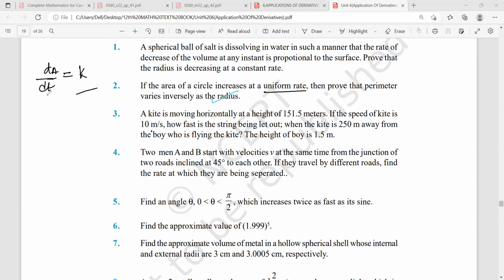Then k is equal to d by dt of pi r square, so 2 pi r into dr by dt. So dr by dt is equal to k by 2 pi r.